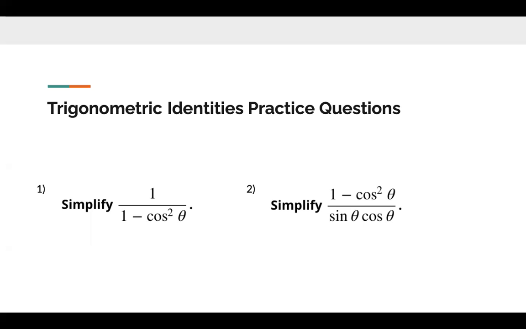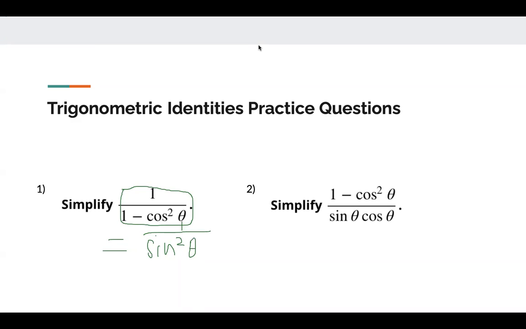Okay, so for the first problem, we need to simplify this expression. First we need to review our formula. So 1 minus cosine square theta equals sine square theta. Then we have 1 over sine square theta.